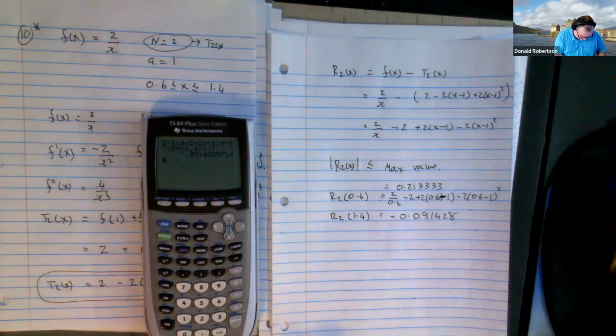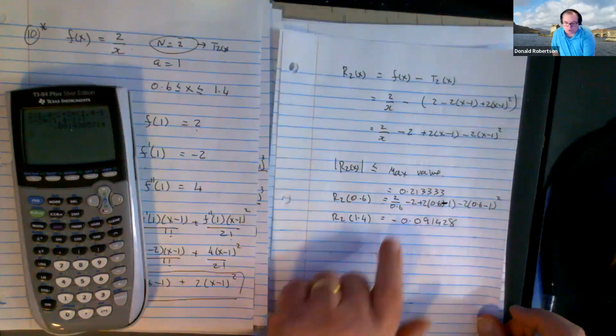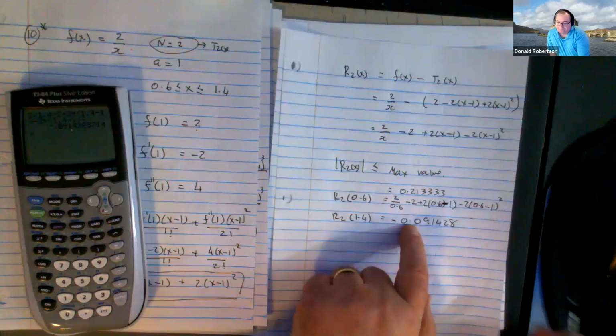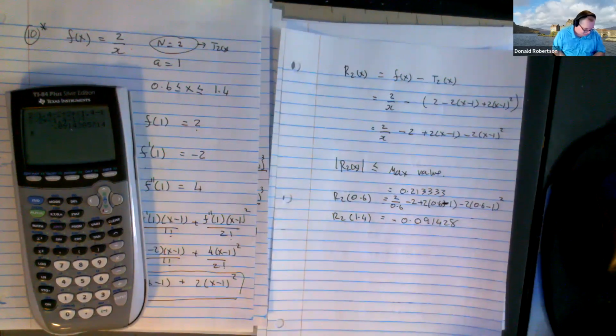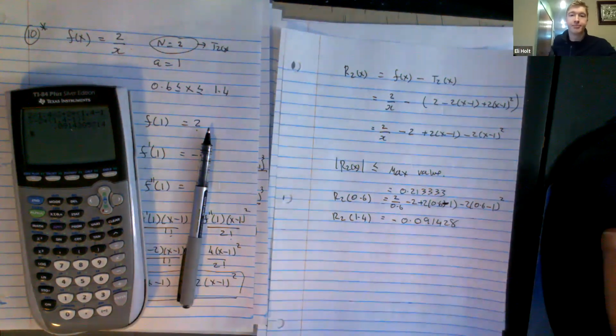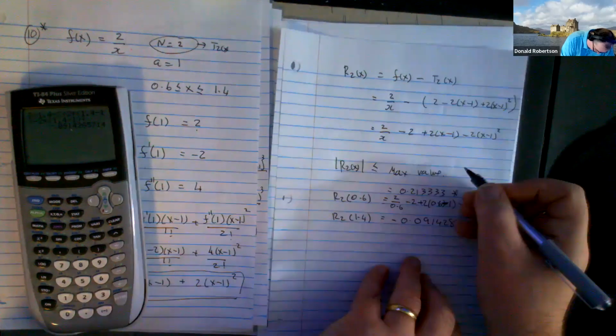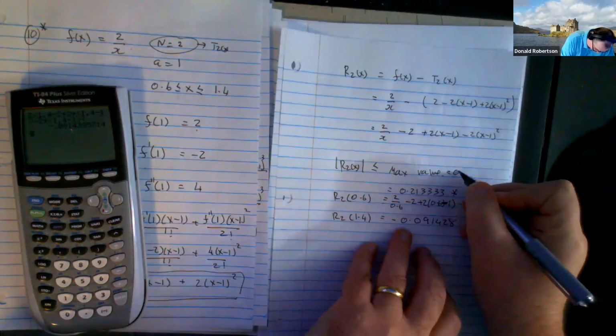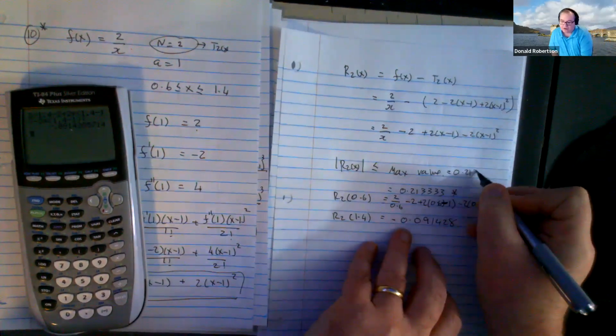So between these two numbers, what is the maximum error going to be? 0.213333. Yeah. Don't care if it's plus, don't care if it's minus, don't we just care how big it is? That's why the absolute value is there.